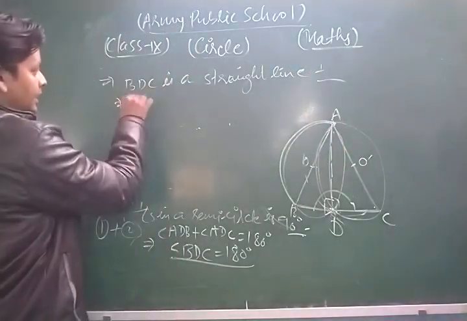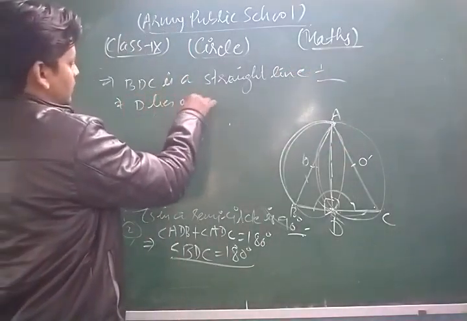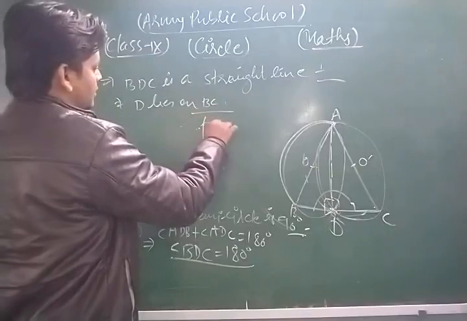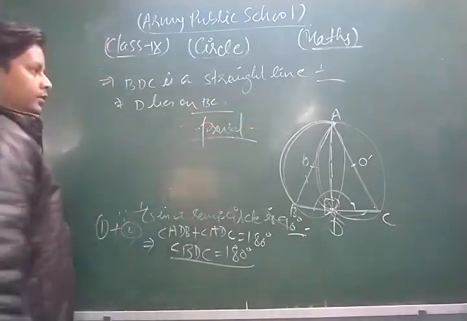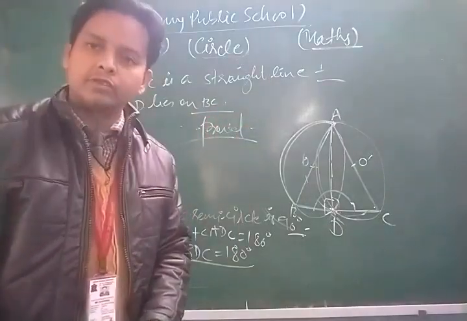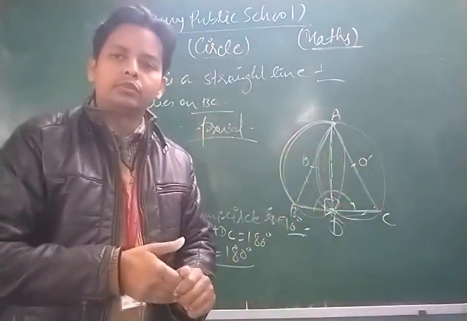That is, we can say that D lies on BC. Hence proved. So in this way, dear friend, you can solve and prove that type of theorem.